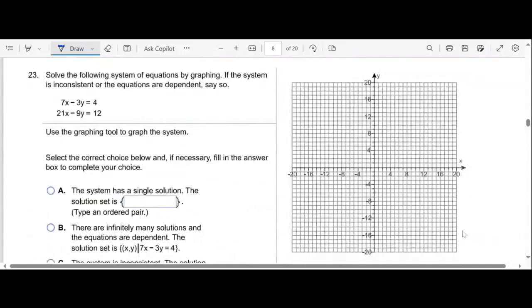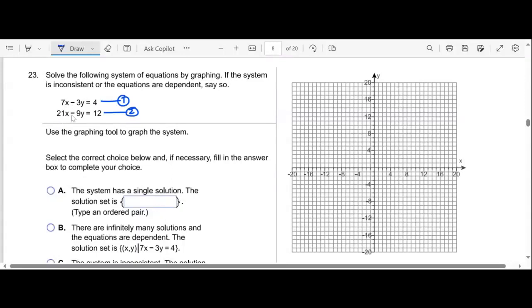Next question, solve the following system of equations by graphing. If the system is inconsistent or the equations are dependent, say so. So let's take a look at the equations, equation 1 and equation 2. Are they the same? Yes. We have 7x minus 3y equals 4.